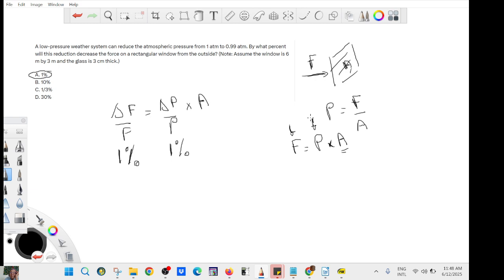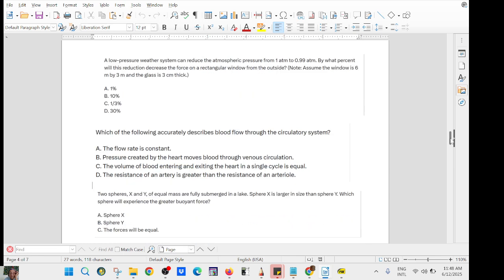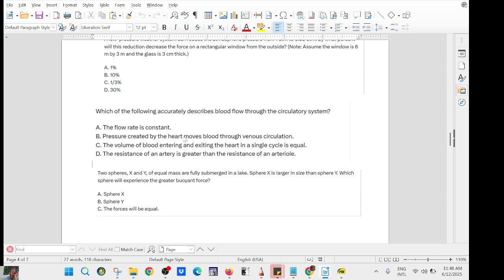If you multiply the pressure by a factor of m, the force will also be multiplied by m for the same area. Okay, next question. This is good to understand if you go into medicine, but it's a simple question. Blood flow in the circulatory system is not always the same volume.